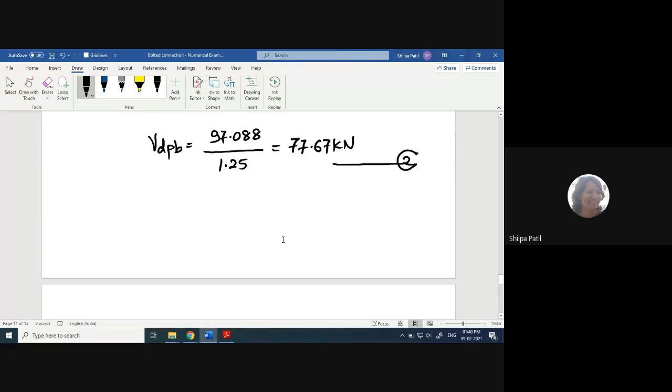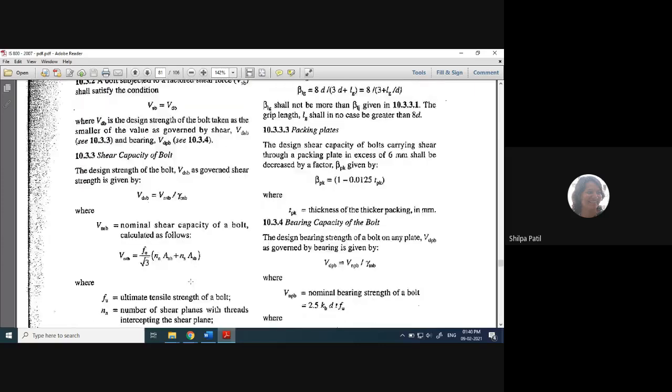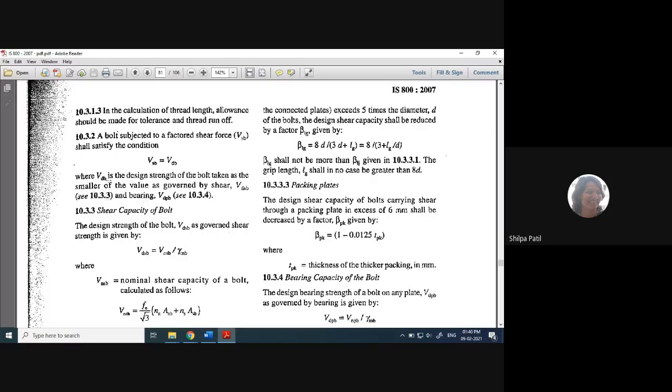So as per this clause, Vdb is the design strength of the bolt, taken as the smaller of the values governed by shear and bearing.